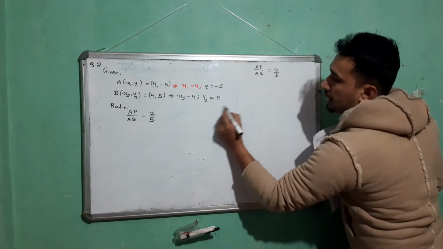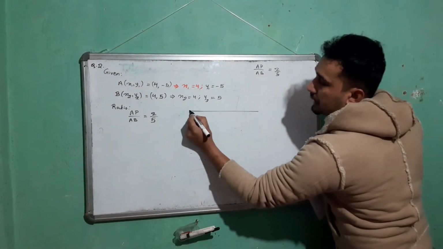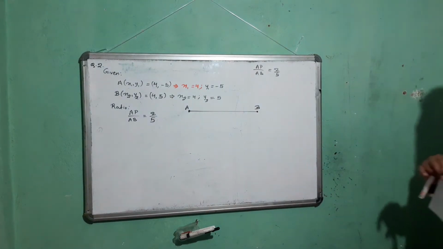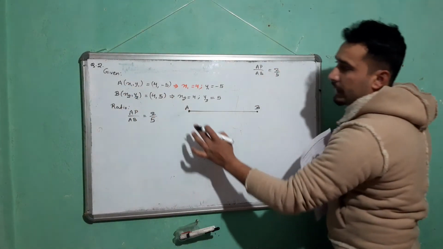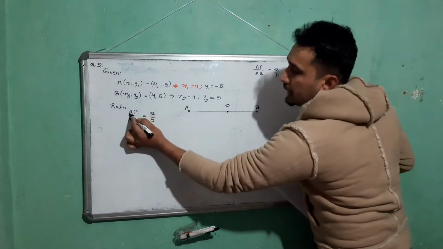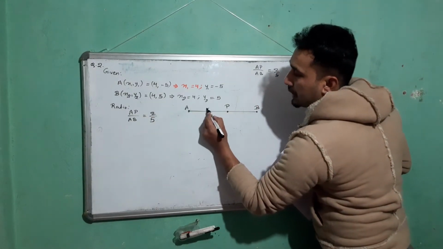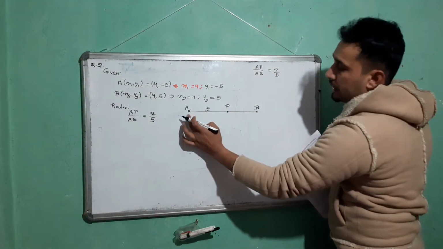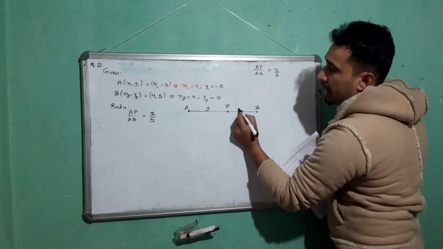See, it is like this. Your drawing will be somewhat like this. Okay, here is A and here is B. Line segment AB is divided by the point P in the ratio such that A to P is 2. Next, A to B, this here to here is 5. So this part will be how much?